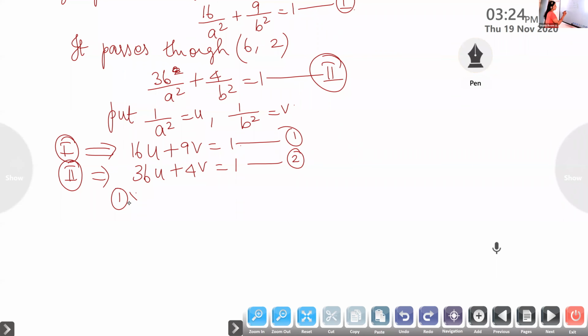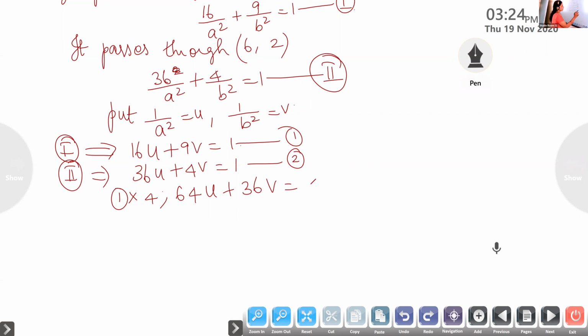So the first equation I'm going to multiply by 4. 16 into 4 is 64. Is it correct? 64u plus 36v is equal to 4.